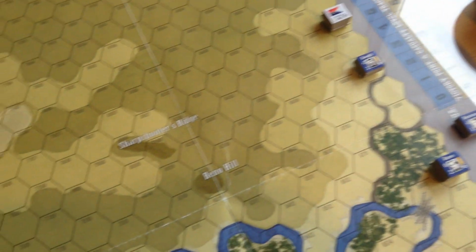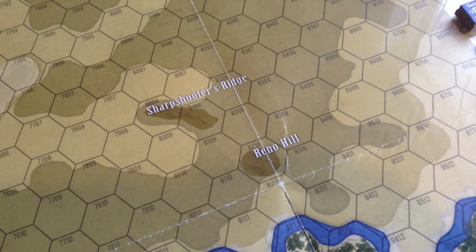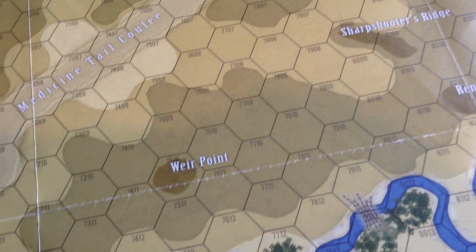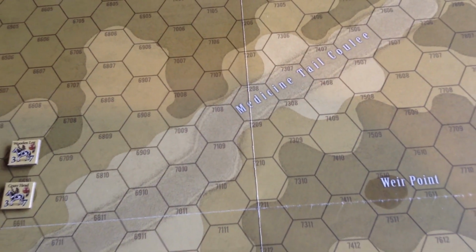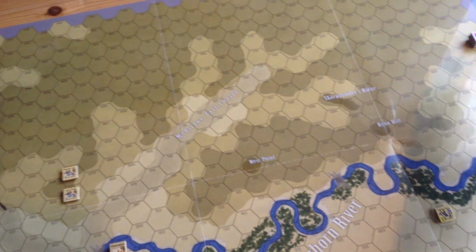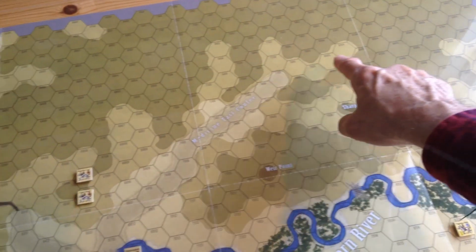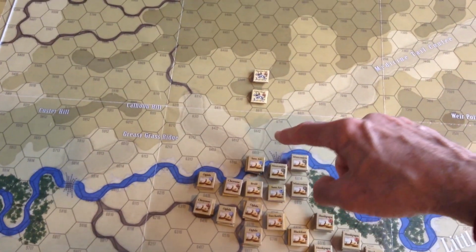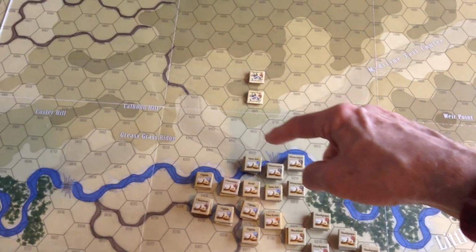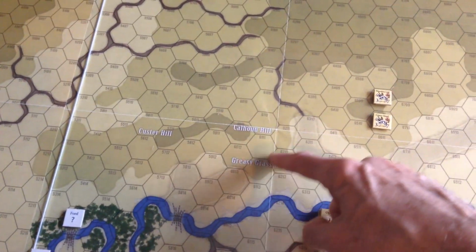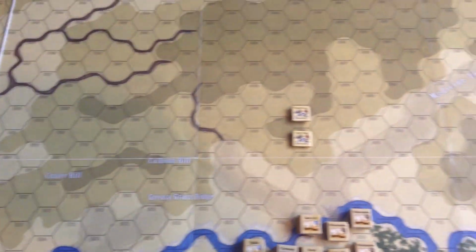And you've got the named positions that became famous later on: Reno's Hill, the Sharpshooter Ridge, Weir Point, and Medicine Tail Coulee. Now, historically, from what we know, Custer's column crossed this area here, went down Medicine Tail Coulee, and the Indians counterattacked here, and the last stand was in this vicinity, Custer Hill and Calhoun Hill.